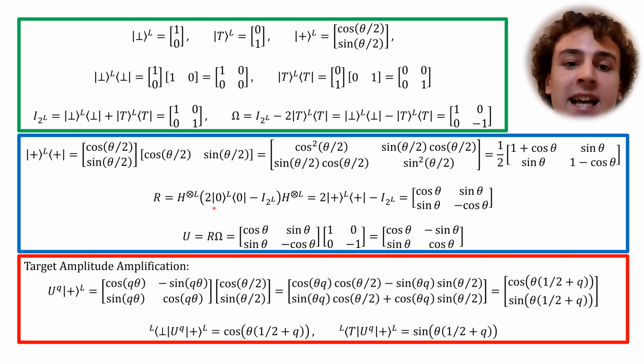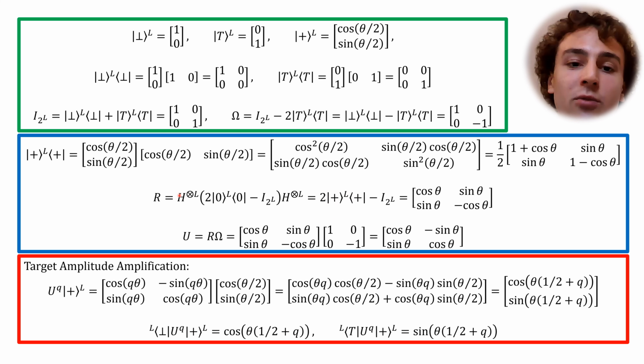If we bring these Hadamard operators inside, they're not going to do anything to the identity operator, but they will turn this 0 state over here into a plus state. When this multi-qubit Hadamard acts on an L qubit computational basis state of all zeros, it turns it into a plus state, which is a uniform superposition of all L qubit computational basis states.